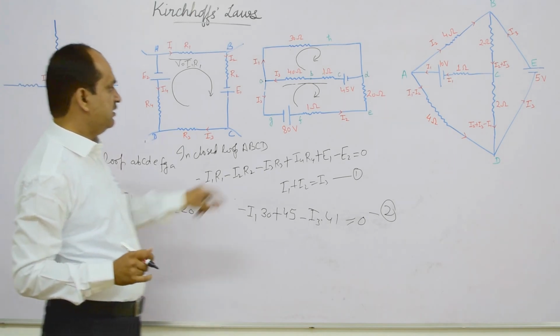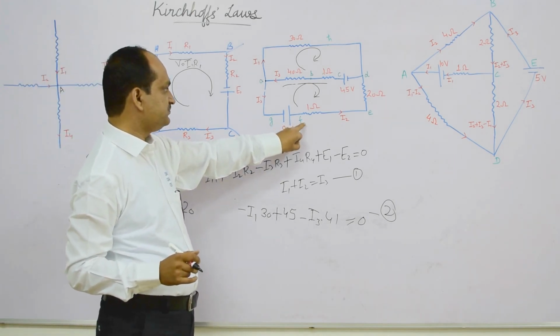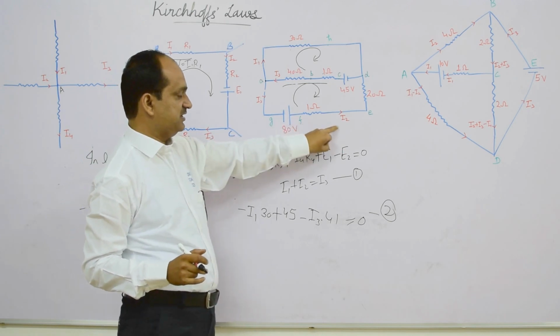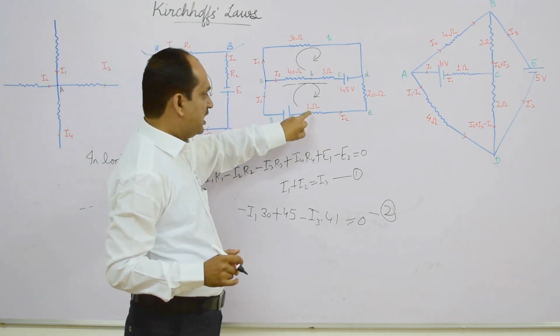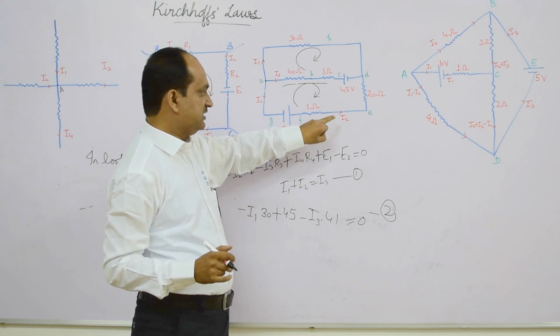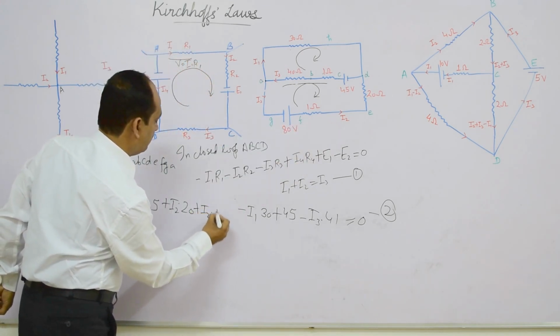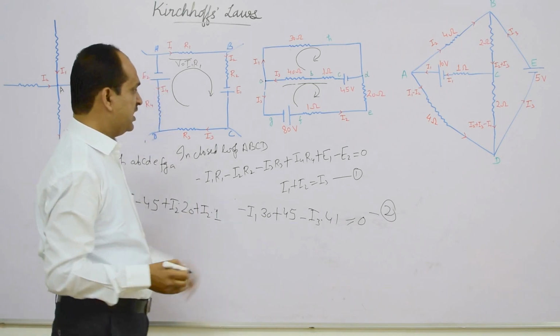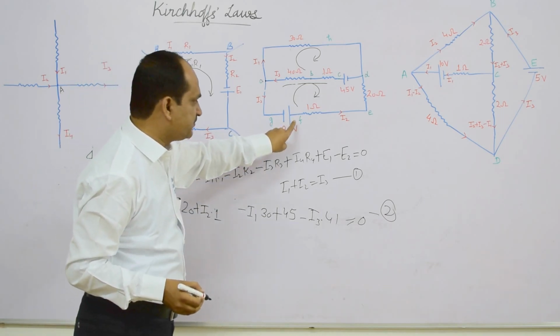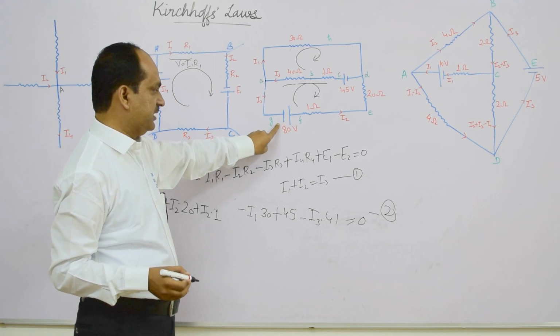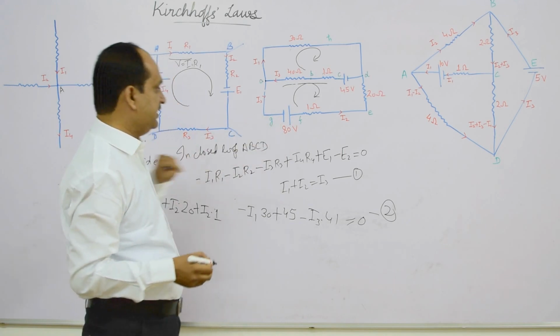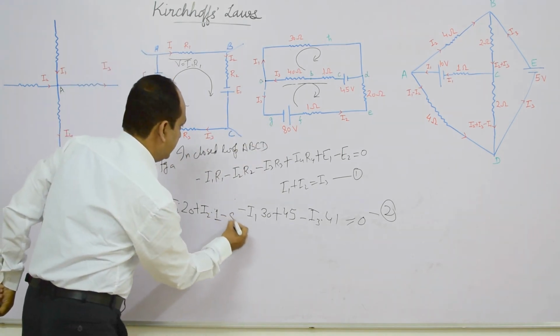Next we have 1 ohm resistor here and the same current is passing. We can write 1 into I2 and that should be positive, plus I2 into 1. And again here we are getting first positive terminal and then negative terminal, so its EMF will be negative, minus 80.